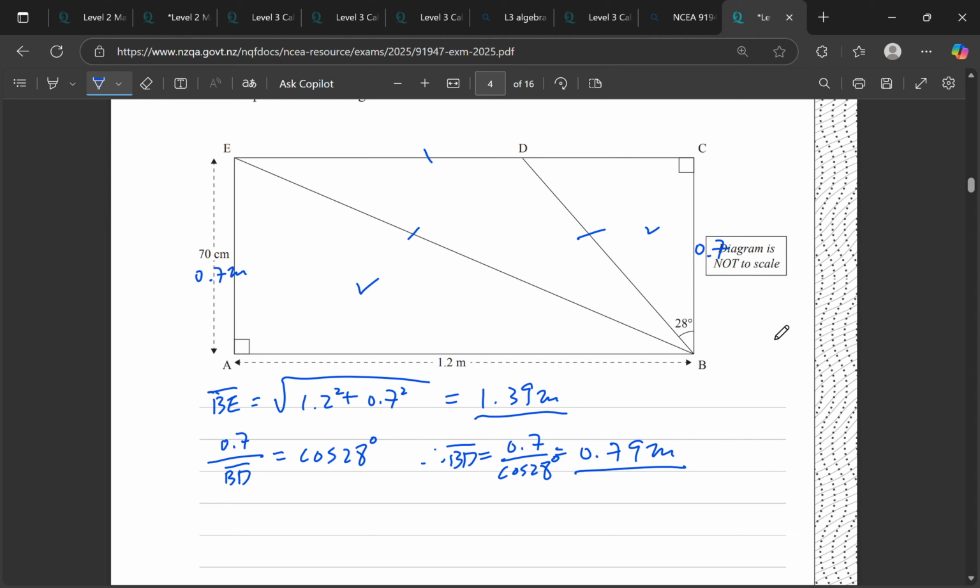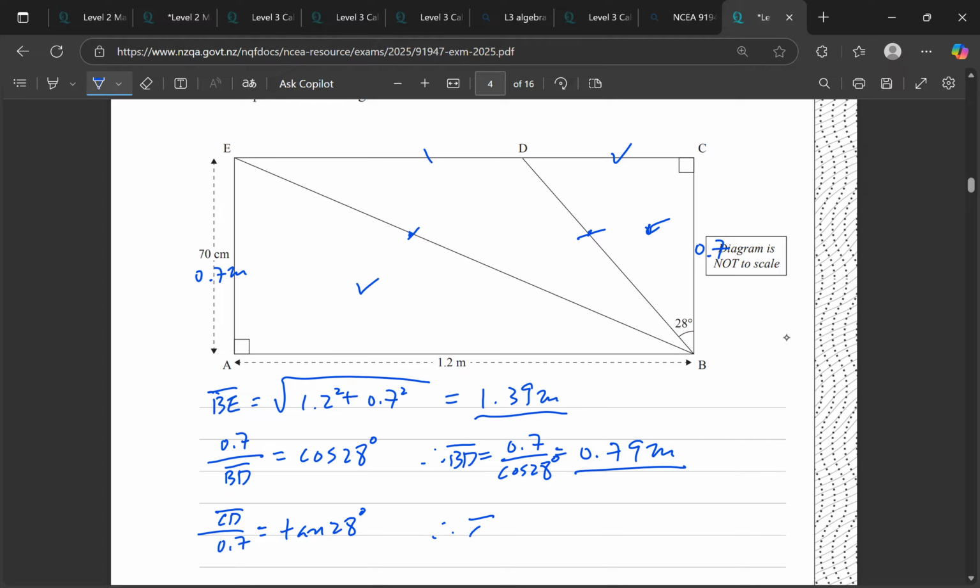So I got this and that, and I need ED. I don't think I can find ED straight, but what about if I find DC? Then I can take that away from 1.2. So find CD first. CD over 0.7, still using this triangle, using trig, equals tan 28.